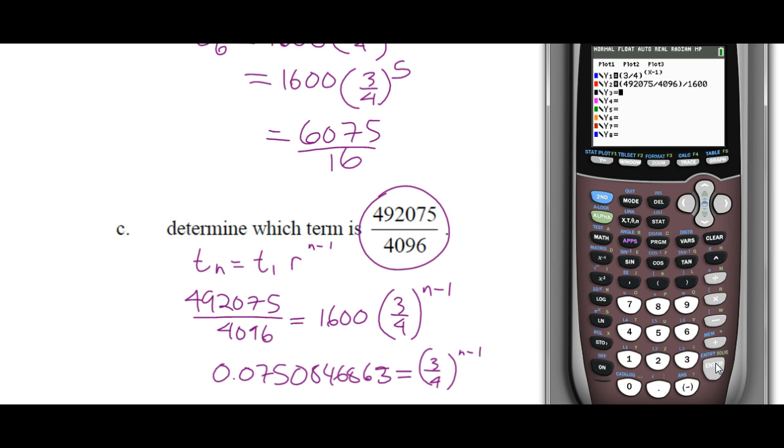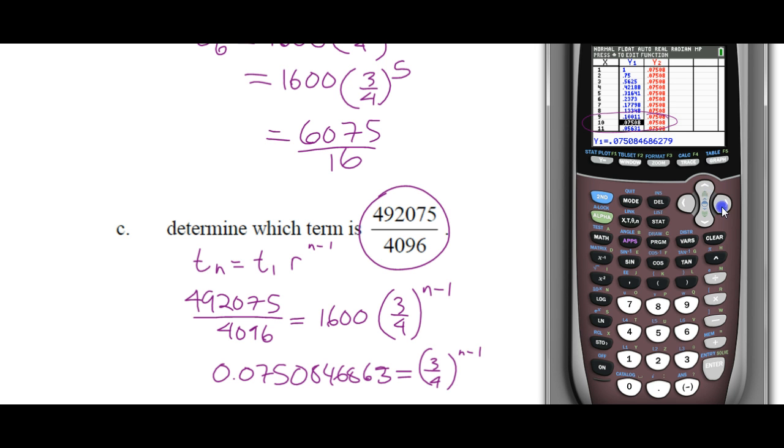Now if we graph this, or if we just look in the table, I'm looking for where these are equal. It looks like 10. Yeah, okay. So see at 10, they're the same. Now if you want to see, is this really the number? I think you can arrow over there. 0.07508468627.